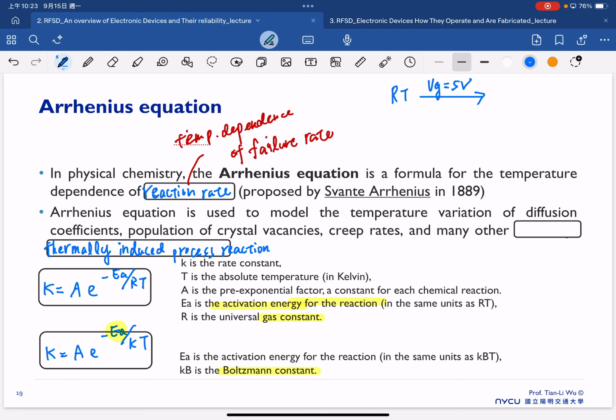But fortunately our devices are very robust, so if you bias it at VG 5 volt at room temperature, it will take 5 years to see the degradation, to see the malfunction of our product.